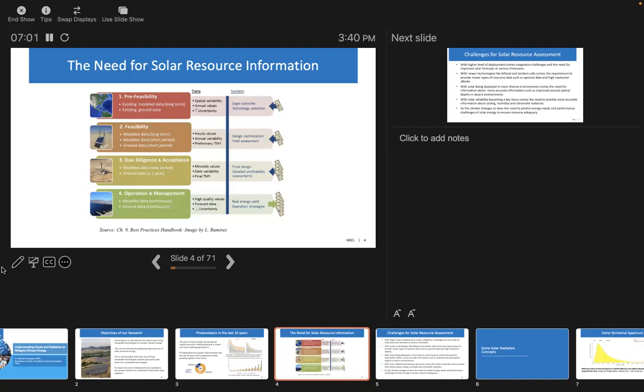At all of these stages, you need an understanding of solar radiation. How much solar radiation is there in the long term? What is the plant going to produce for the next 20 years? Now they're trying to build PV panels which will last 50 years, so they want to know the trends in solar radiation. Will my plant still be viable after 10, 15, 20 years? One thing to remember is sunlight does not have a market rate.